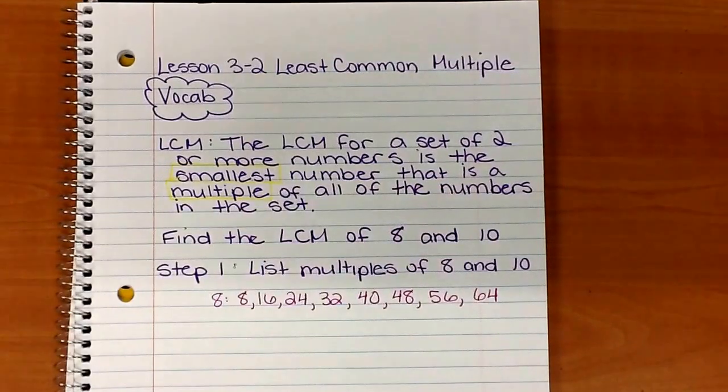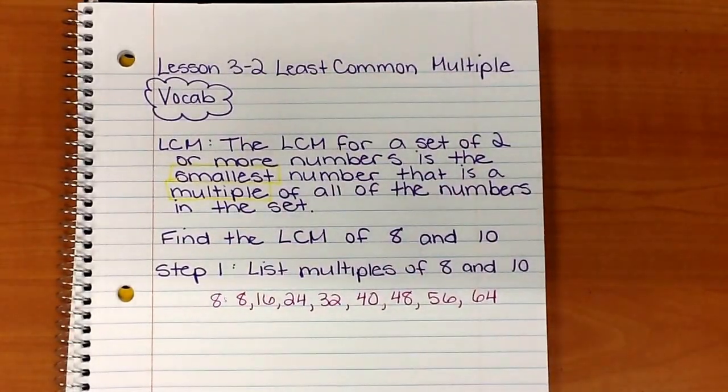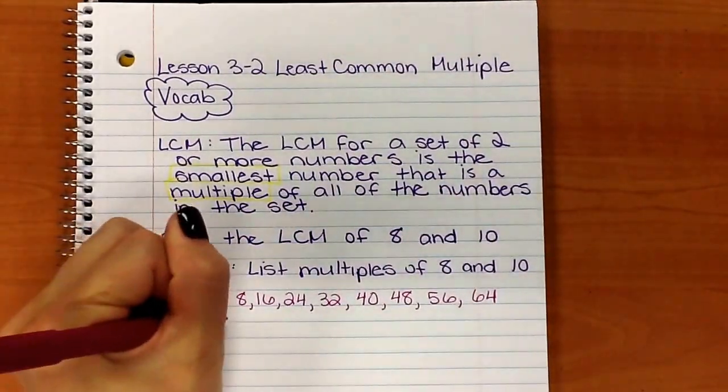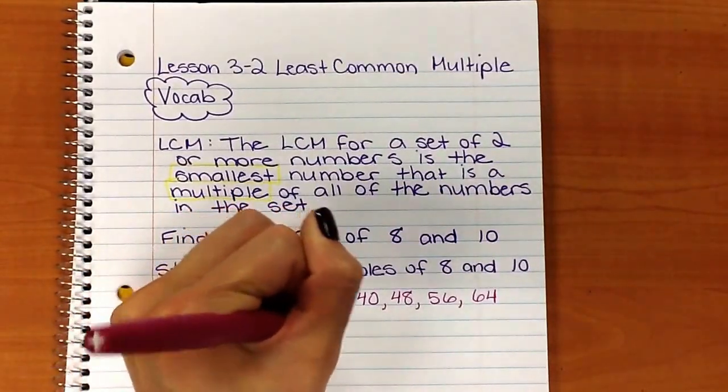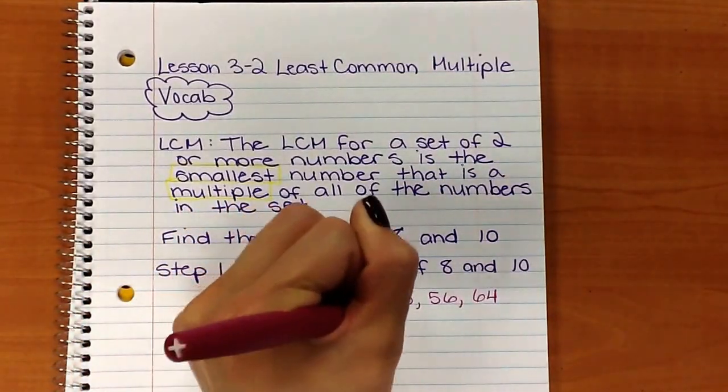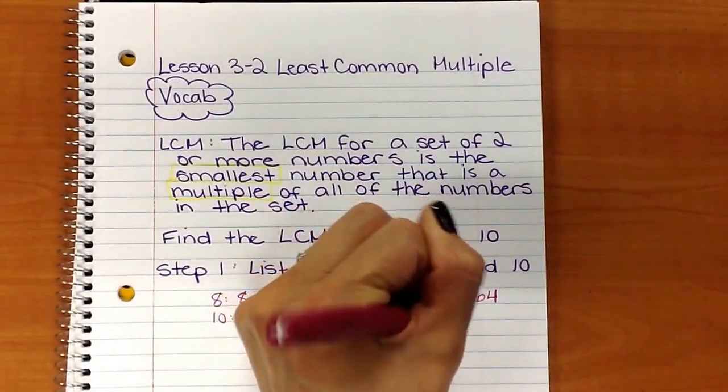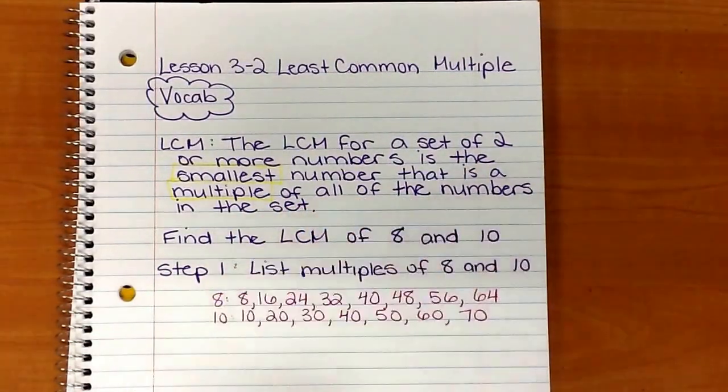I'm just going to stop there. My multiples for 10 are 10, 20, 30, 40, 50, 60, 70. I'm going to stop there.